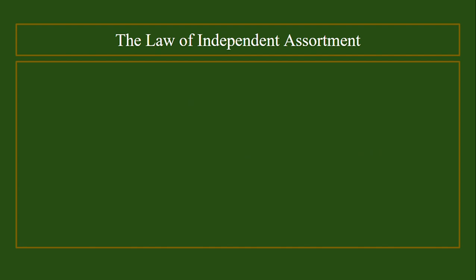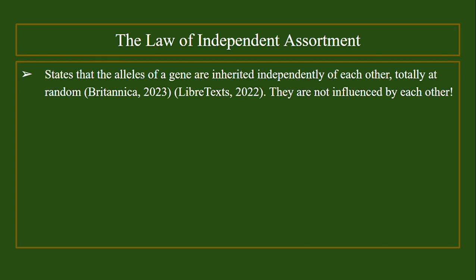This is going to lead us to our next law, the law of independent assortment. The law of independent assortment says that alleles of a gene are inherited independently of each other, totally at random. Think back to our coin flip creature.